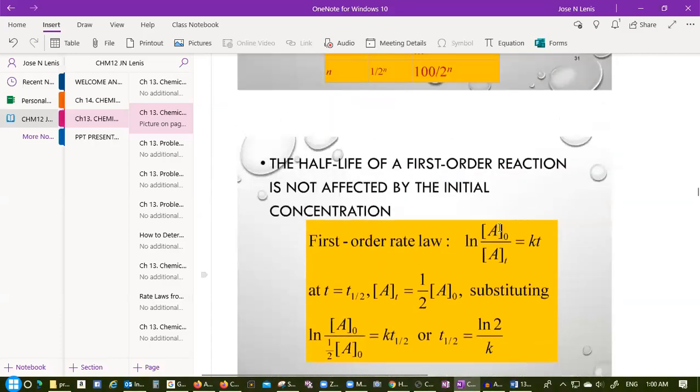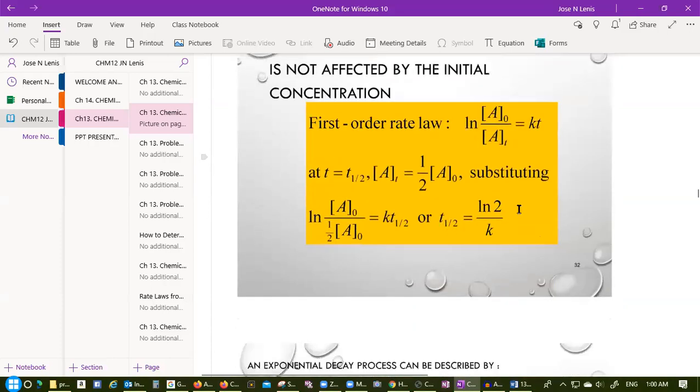You can calculate the half-life of reactions too for first order. So it's going to be like this. Chemical reactions can go through zero order, first order, or second order. So you can find half-life for a zero order reaction. You can find half-life of a first order reaction, which is this one.